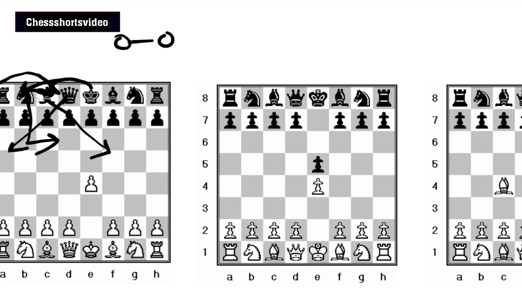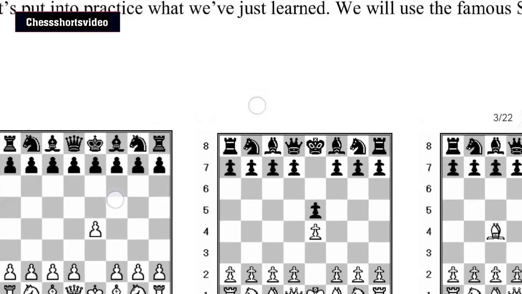Such a thing is called queen side castle. So 3O represents queen side castle. So there are two kinds of castle. For king side castle we use OO, and for queen side castle we use OOO. Okay, I hope you understand.